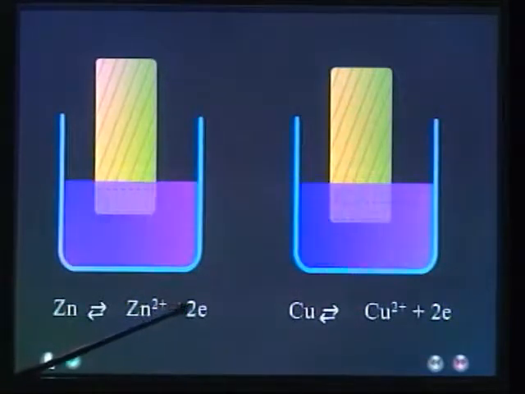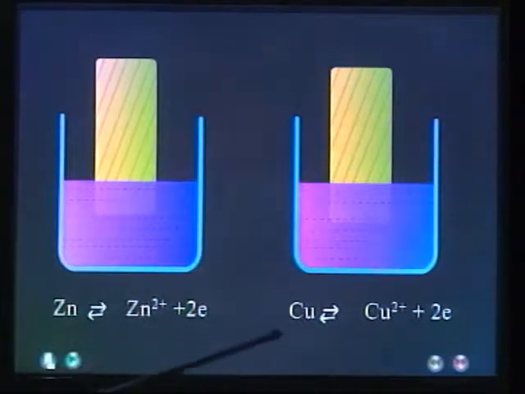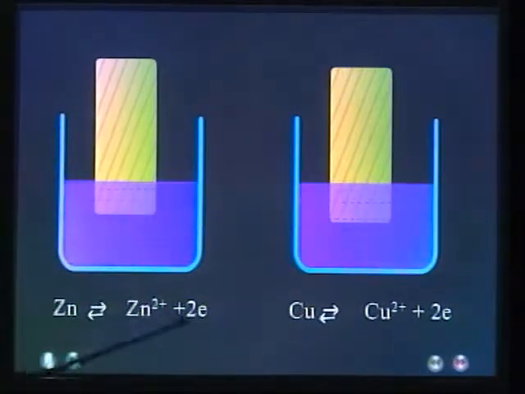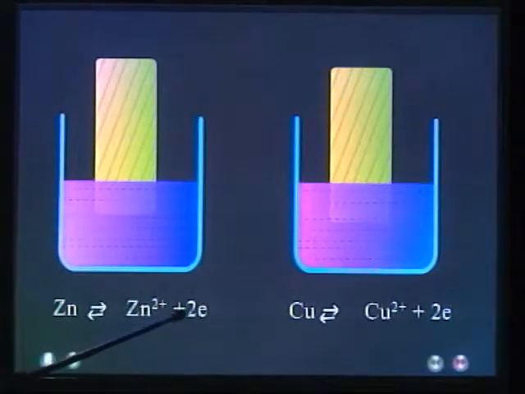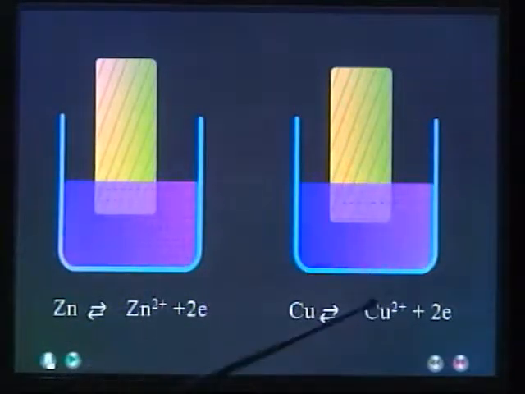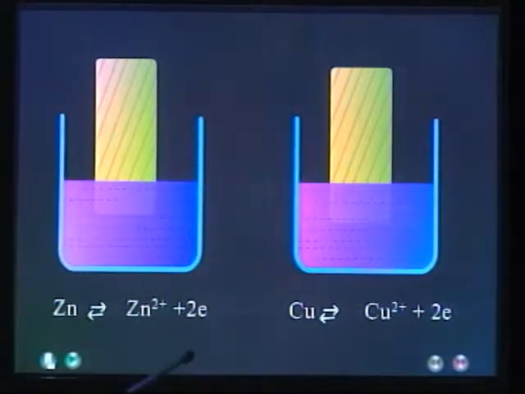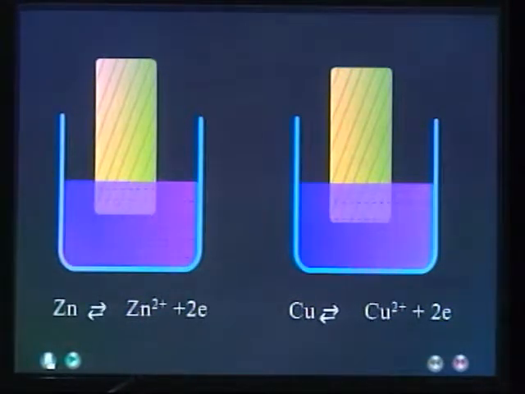The other possibility is that the ions present in the solution can take electrons and get converted to the corresponding metal. Both the forward and backward reactions are possible. Which reaction takes place depends upon the type of the other electrode present in the galvanic cell.